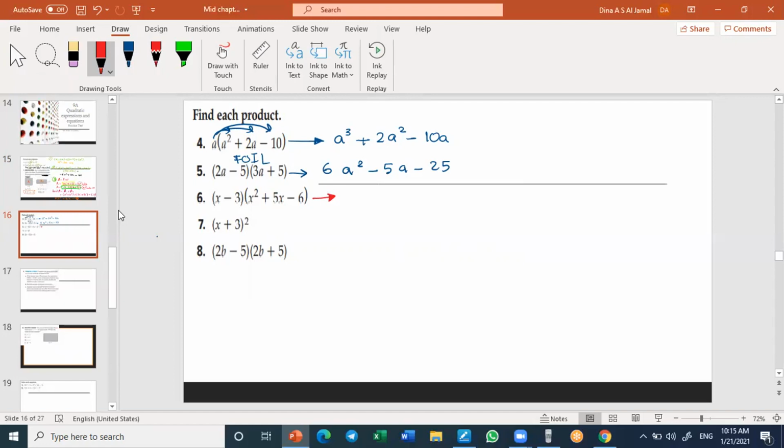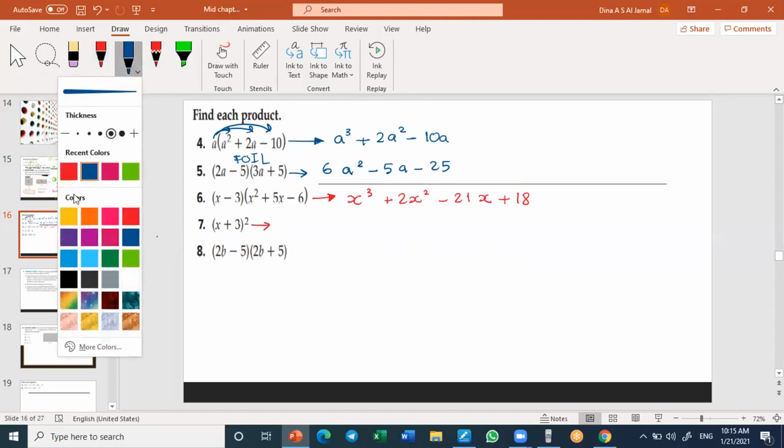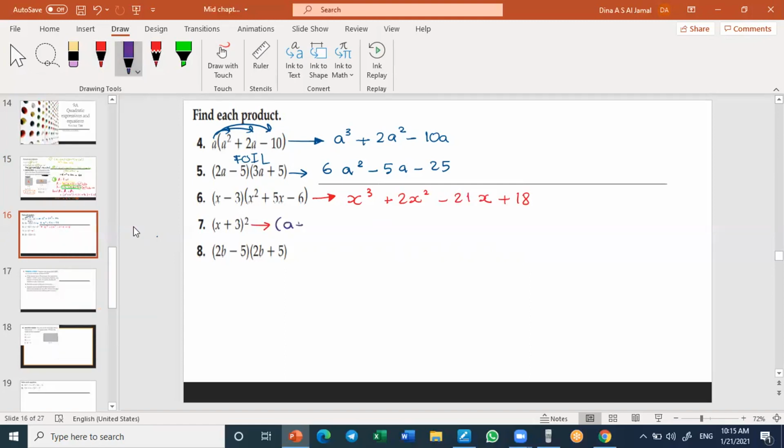After using it, you will get x cubed plus 2x squared minus 21x plus 18. Now, in question 7, you will be using the rule of a plus b all squared: a squared plus 2ab plus b squared. So pay attention to this.